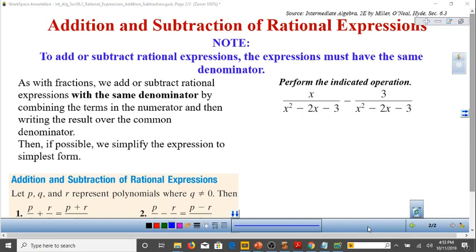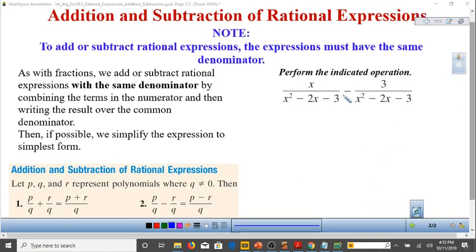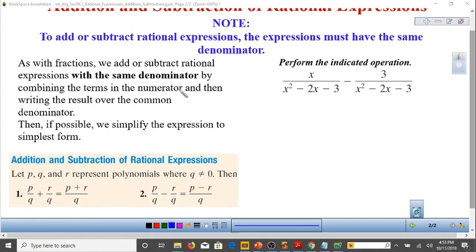So they must have common denominators. Similarly, when we're adding rational expressions, we add them with common denominators. If the denominators are common, you just add or subtract the numerators as appropriate, and then we simplify the fraction from there.